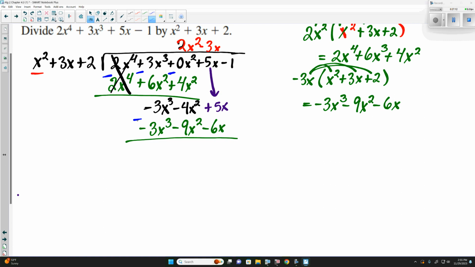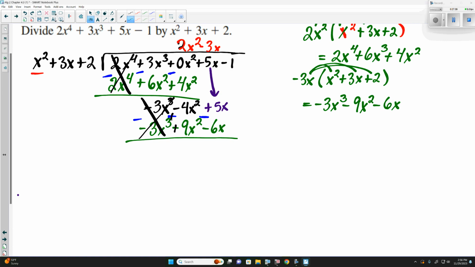And at this point here, we will subtract. Negative 3x cubed minus negative 3x cubed is 0. Negative 4x squared minus negative 9x squared. Well, the negative and negative would make a plus.